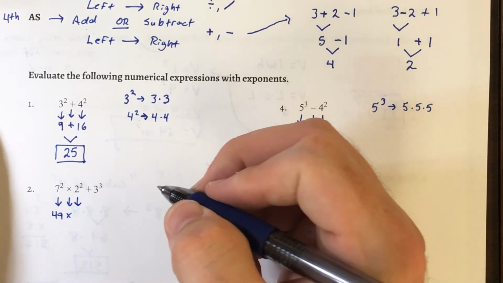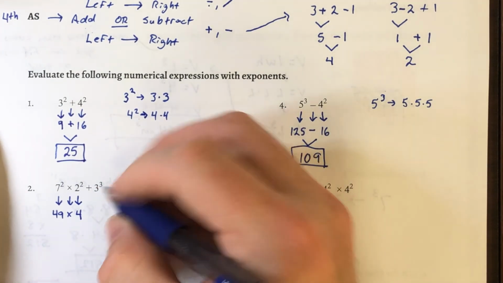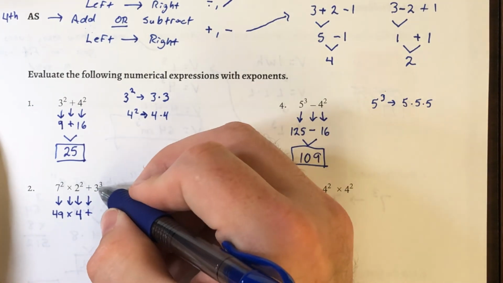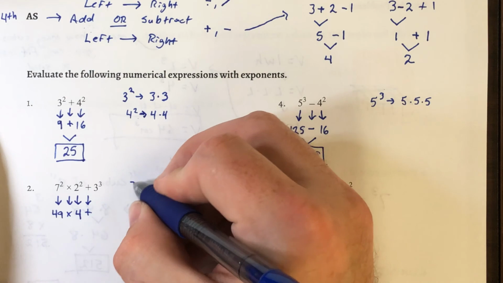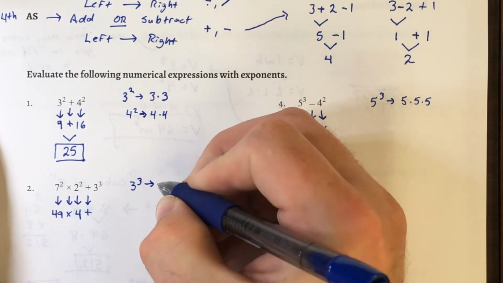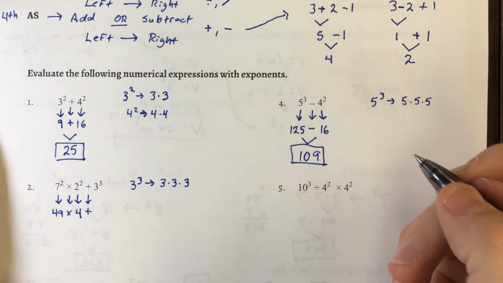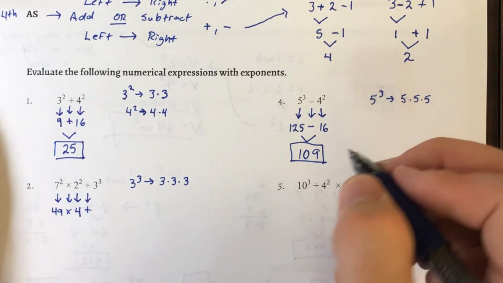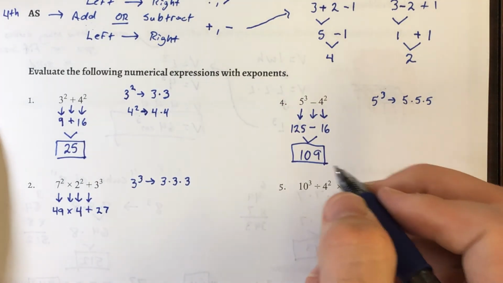Next, 2 to the power of 2 means 2 times 2. That's 4. Going to bring down our addition sign. 3 to the power of 3 means 3 times 3 times 3. Again, sometimes it might help if you write them off to the side just to remind yourself that that's not 3 times 3. It's 3 times 3 times 3, in this case, which is 27.